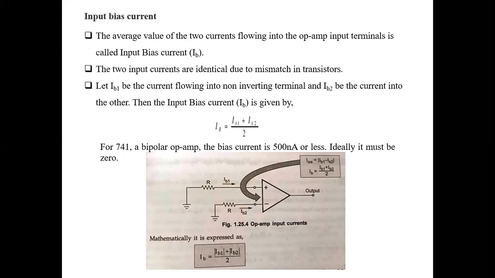The average value of the two currents flowing into the op-amp input terminals is called input bias current, IB. The two input currents are not identical, due to mismatch in the transistors. If IB1 and IB2 are the two input terminal currents, then IB is equal to (IB1 plus IB2) divided by 2.